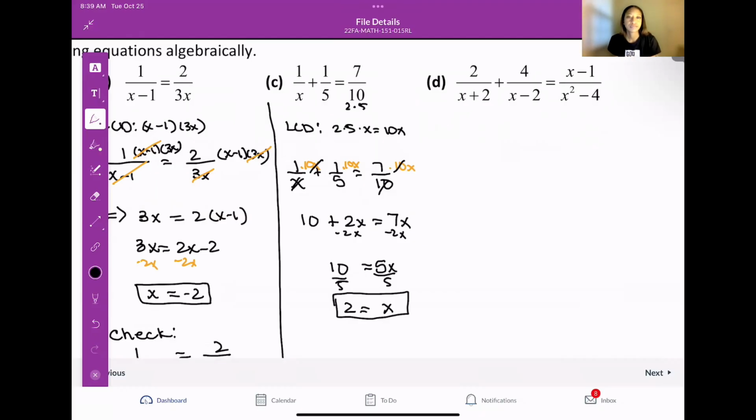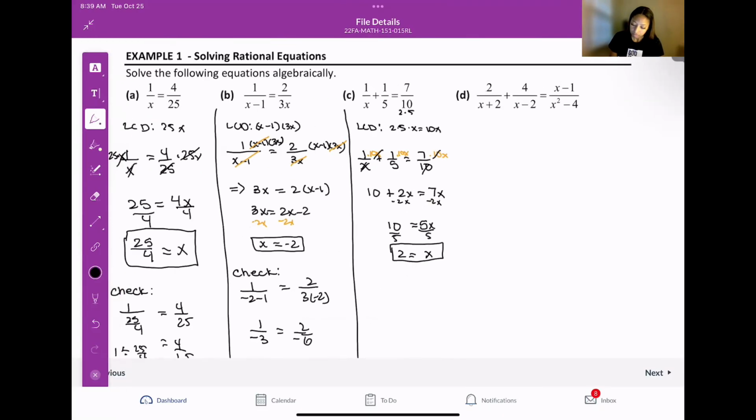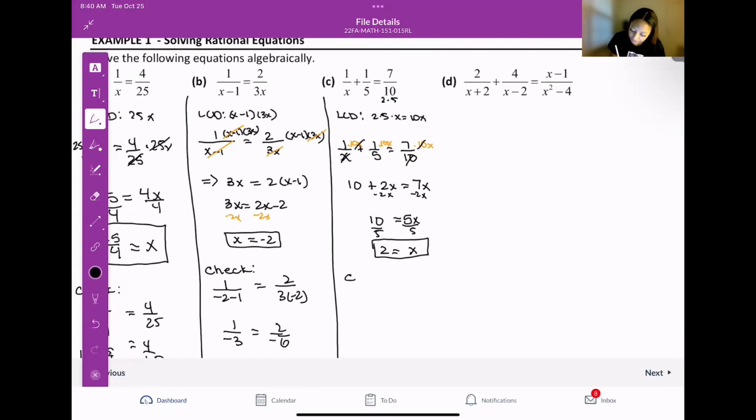All right, and then we want to check this. Sorry, just wanted to make sure we have enough space there. So if we check, that would be 1 over 2 plus 1 over 5 equals 7 over 10.